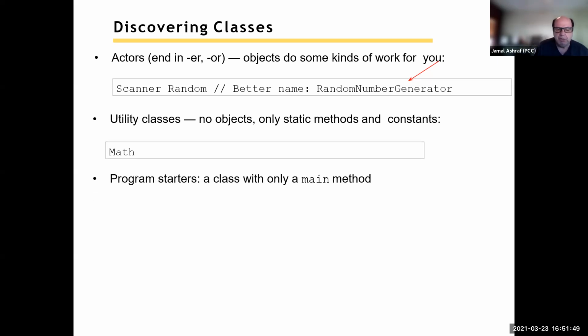We have something called a program starter. We have been playing with those, and that would have a main in it. So we're going to have multiple classes, and then one class with a main in it. Each class is going to have its own concept, so I can have more than one class.